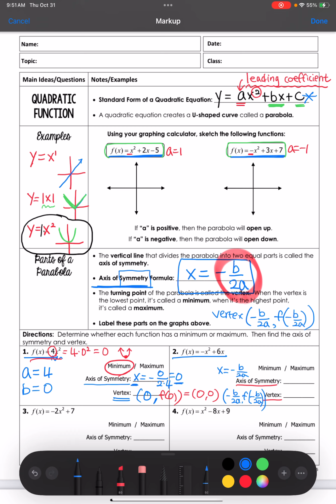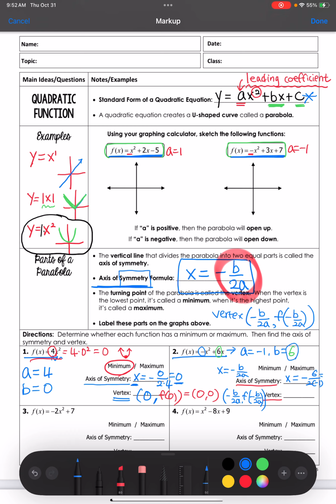So do the same thing. You need to define a and b in your equation. Your a value is negative 1. Your b value is 6. So I'm calculating my axis of symmetry. x equals negative b, b is 6, so 6 over 2 times negative 1.